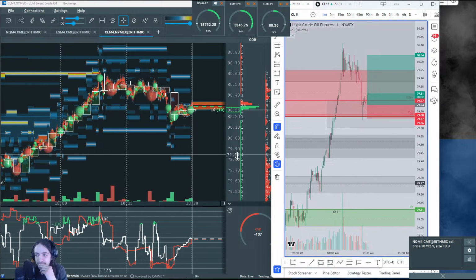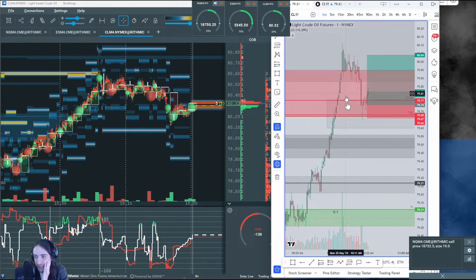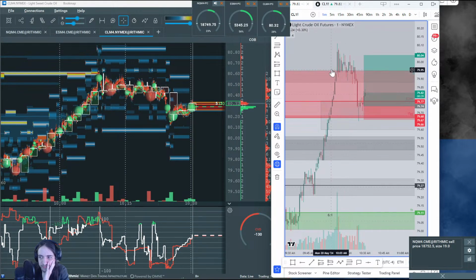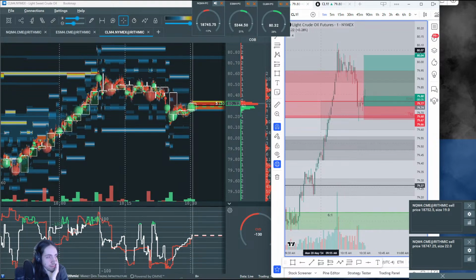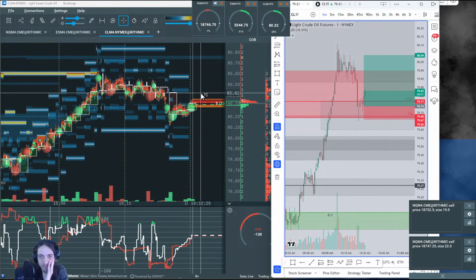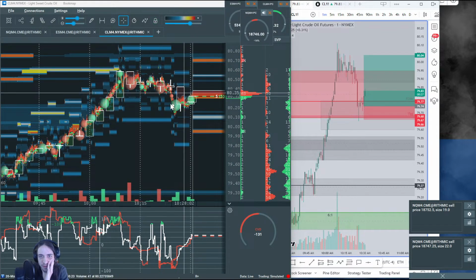Crude is working a fair value gap on the 1 minute. Oh yeah, that upper one. I was looking at the 5 minute, the bullish fair value gap that we're coming out of right now. Come on, give me a good entry. Pull back one more time. Look how empty the Bookmap is on crude oil right now.